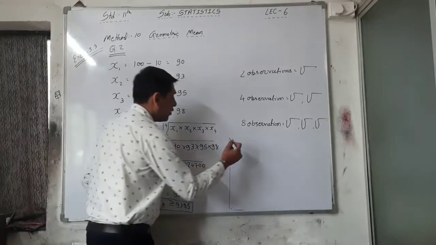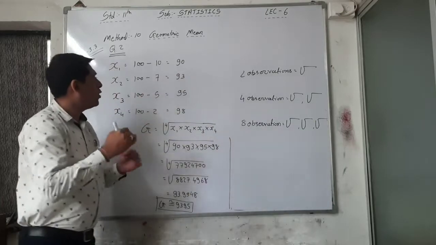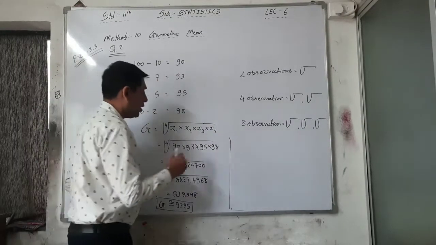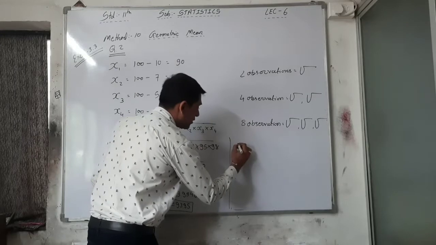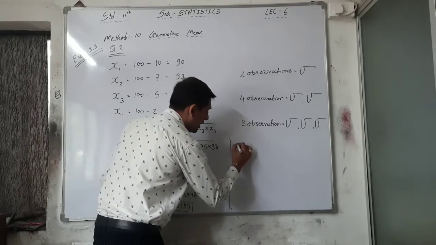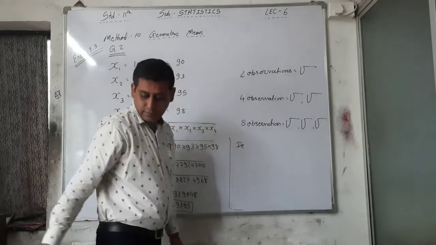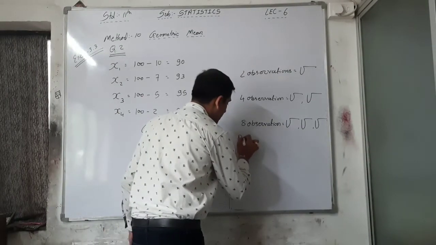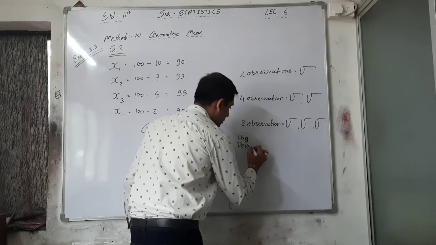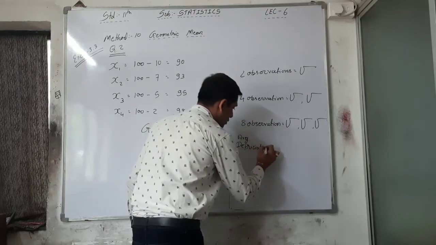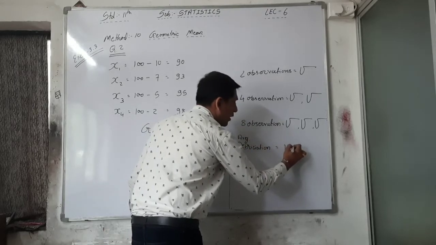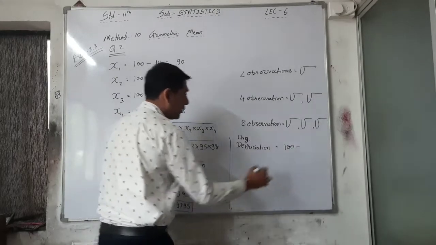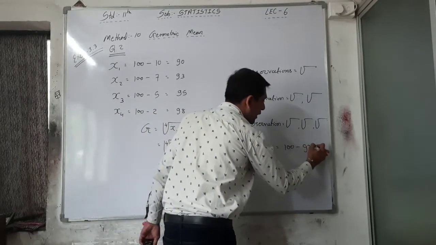Okay, so here also again we have to do this formula, that is decrease or depreciate. Average depreciation is equal to 100 minus this one, 93.95.